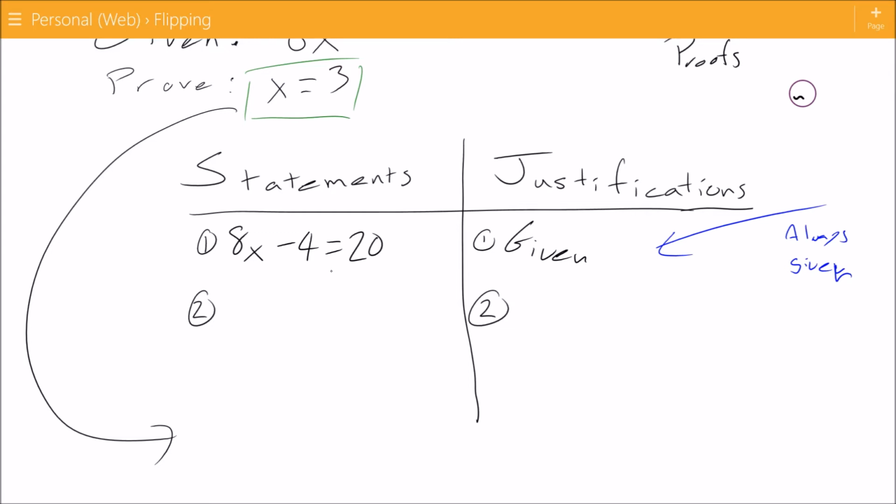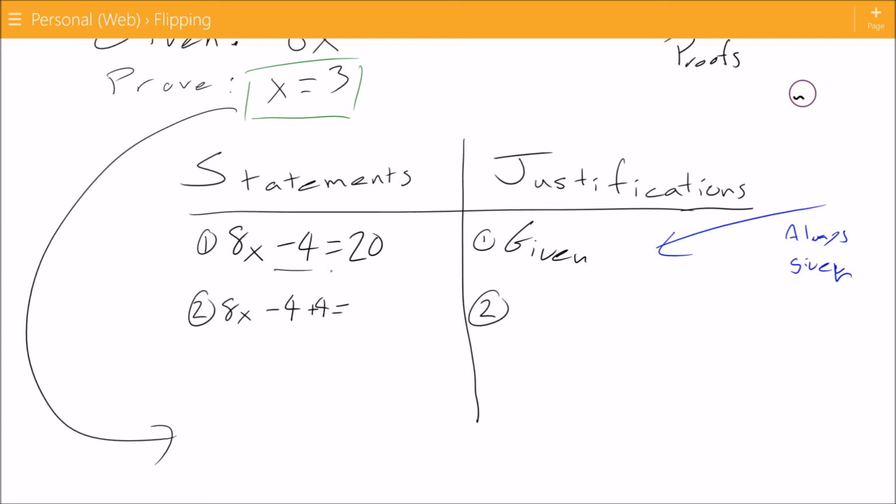So if I was to solve this, I know I need to do inverse order of operations. I need to kind of start from the back and work my way forward. I need to get rid of this negative 4, this minus 4 if you will. I can do that by 8x minus 4. The opposite of subtracting 4 is adding 4.